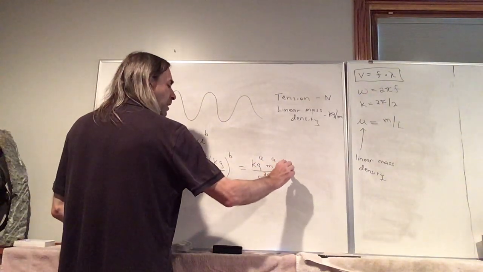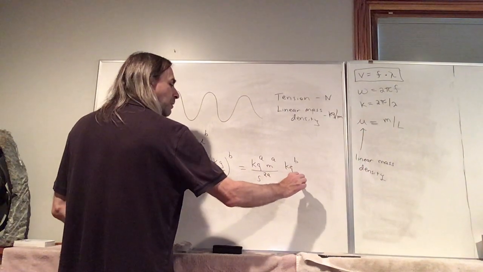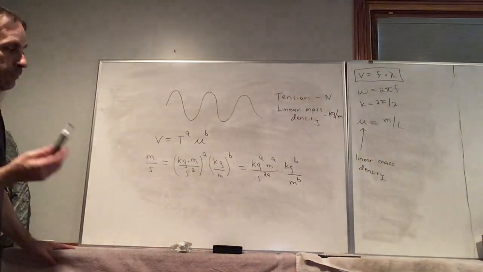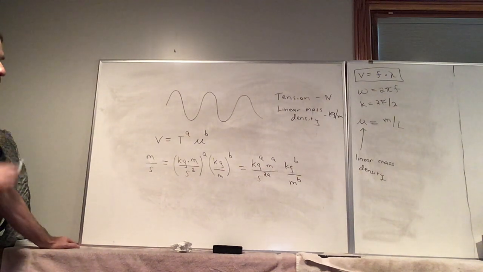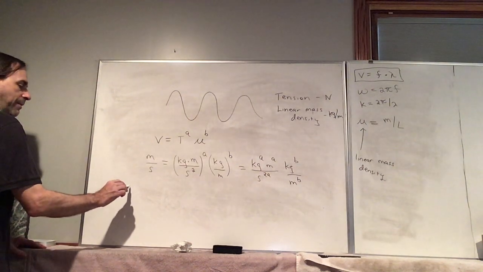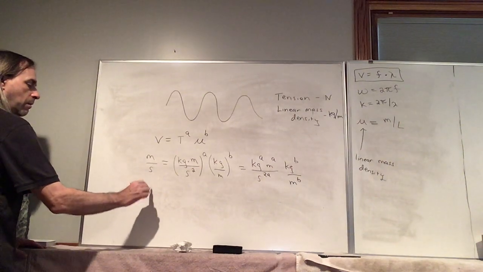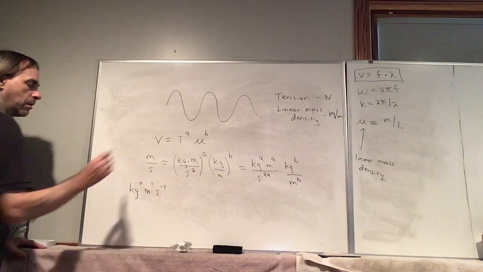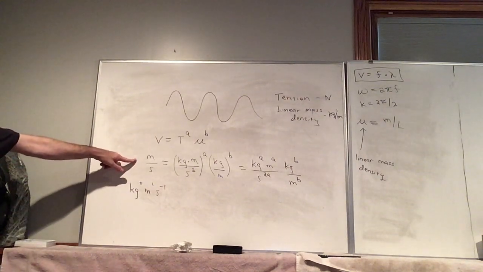And then here we have kilograms to the power B over meters to the power B. And I'm going to do one more thing. I'm going to combine all these terms now. Now on the left, I'm going to write this in kind of a strange way.